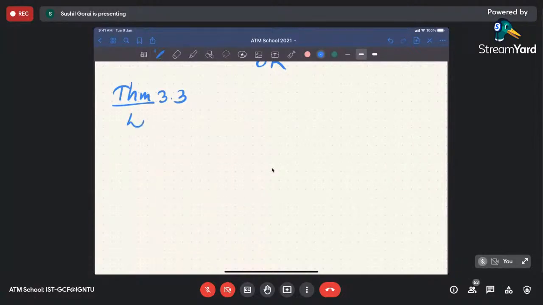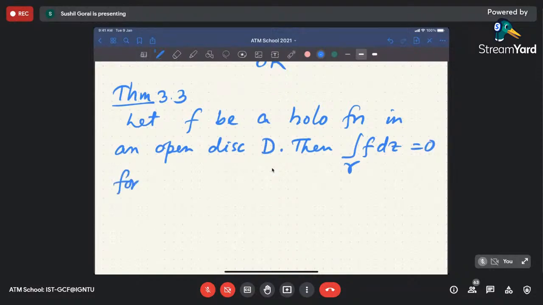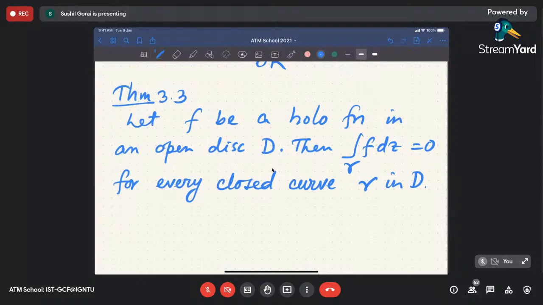Let f be a holomorphic function in an open disk D, then the integral over gamma of f dz is 0 for every closed curve gamma in D. See, we have changed the statement a little bit.